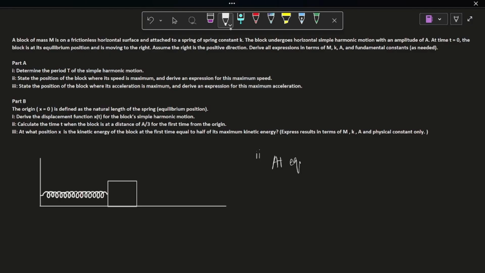At equilibrium, the speed can be found using conservation of energy: 1/2 k times the maximum length of the spring, or delta x, which is a over here, equals 1/2 m v squared.